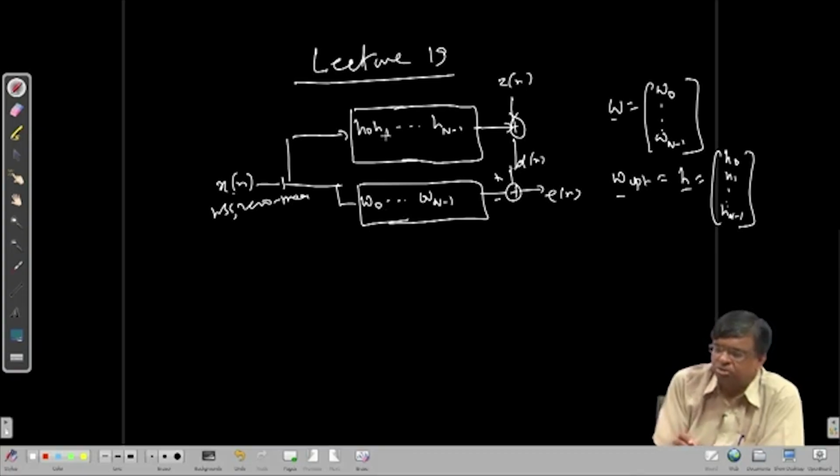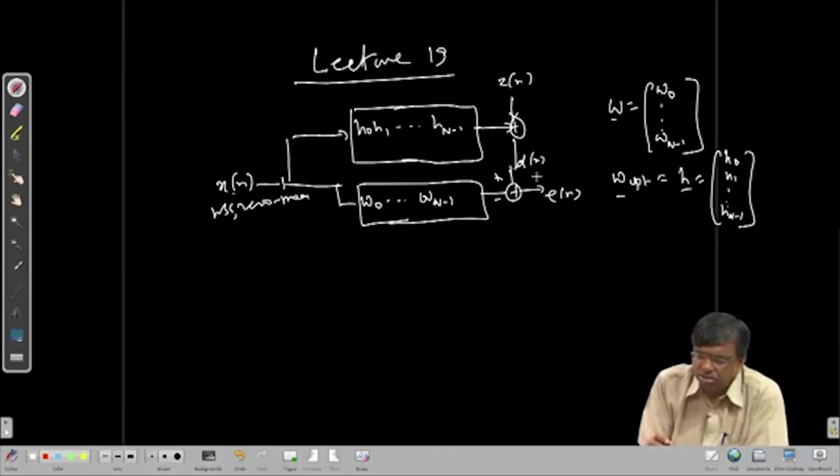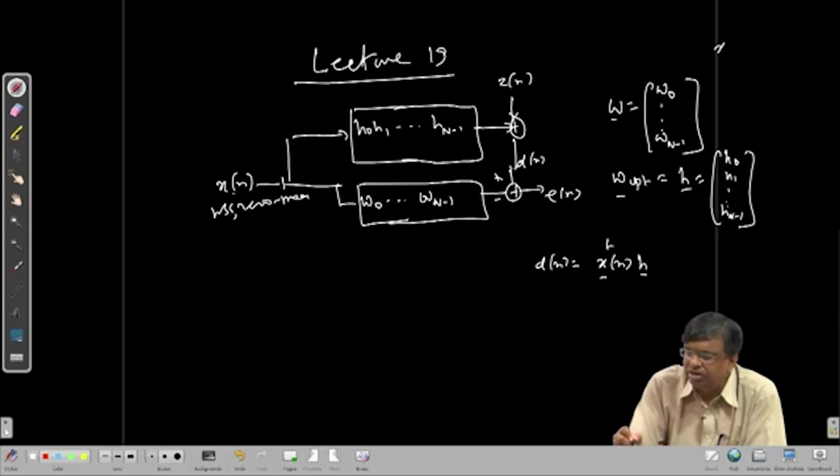For instance, suppose Xn is such that the input autocorrelation matrix is fixed, the input statistics are not changing, but the system coefficients are changing from time to time, maybe very slowly. Then, for one set of coefficients, Dn is Xn transpose H, where Xn is the input data vector at the current time.